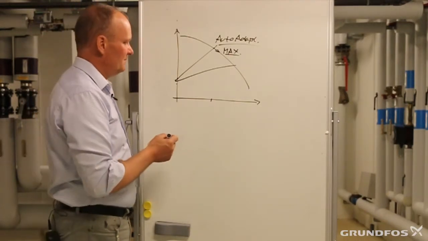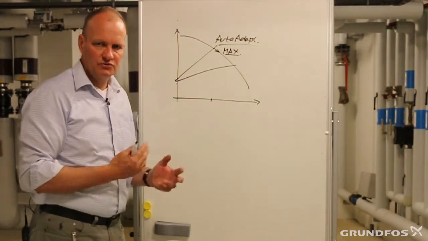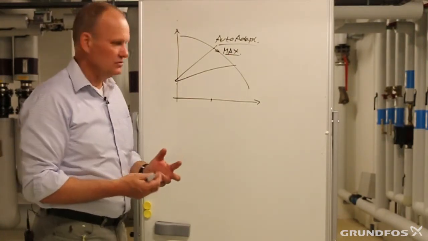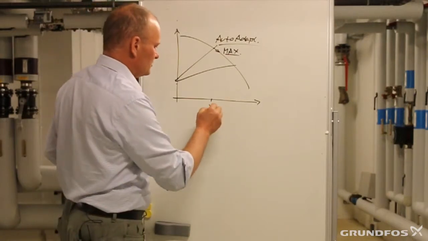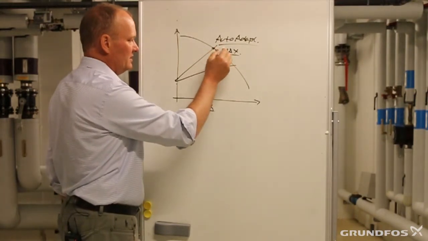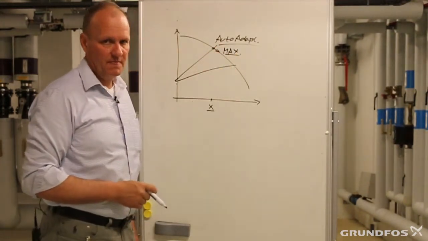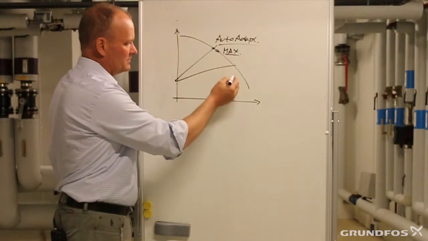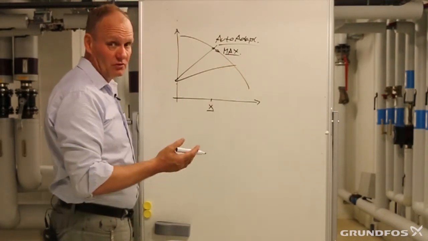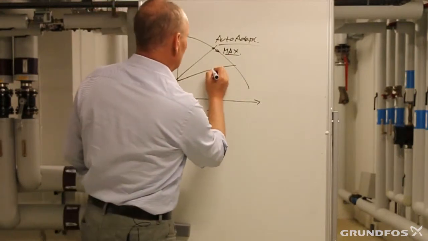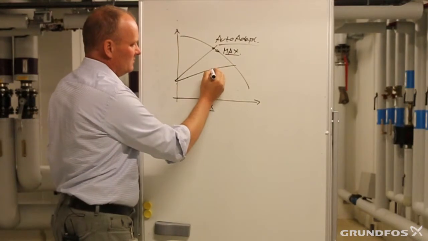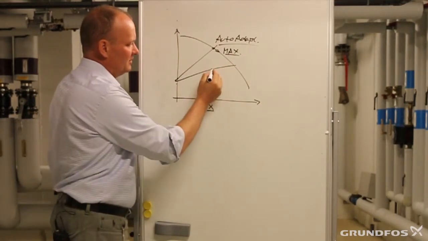But in order to accept this, what the pump has to do is to constantly monitor that it is delivering the same amount of flow as what it did initially on the maximum curve. Because when it lowers the control curve, the duty point should be on this spot here.